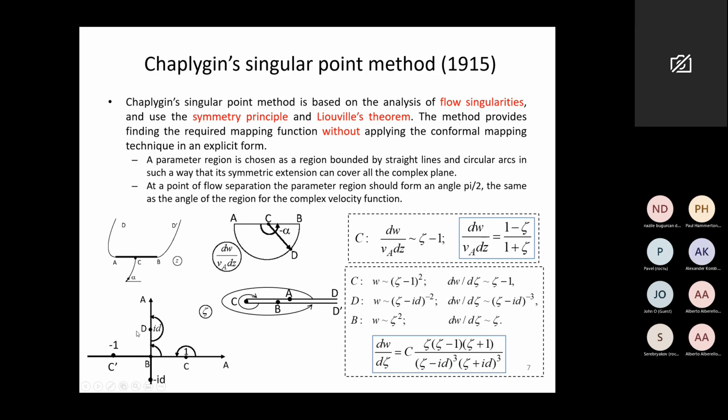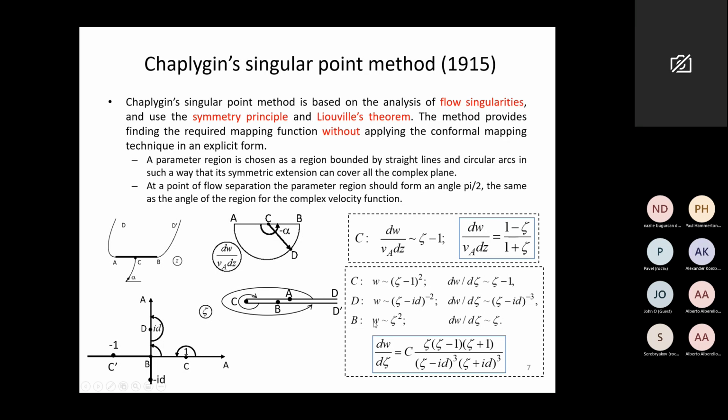And the direction is the same. So it means that here we have a pole of the second order. Then the derivative in this point will have a pole of the third order.